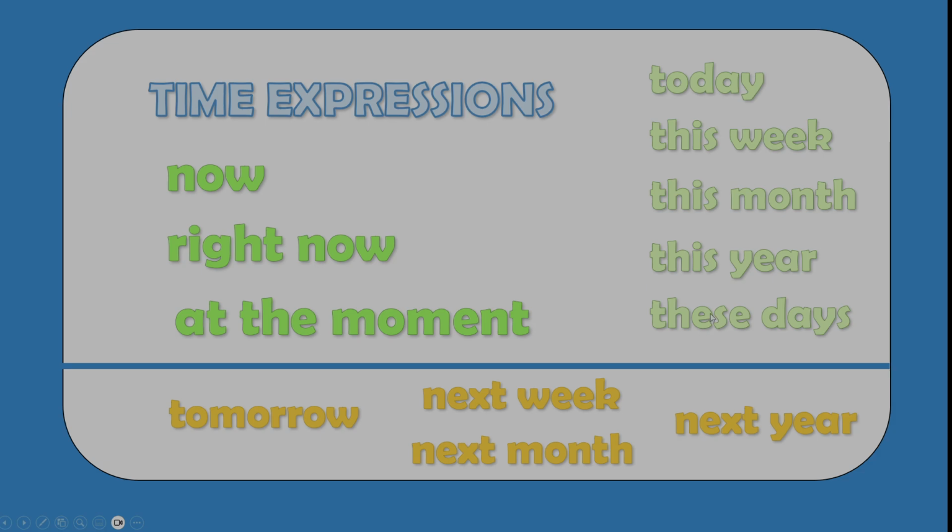We can also use the present progressive for describing future activities like tomorrow. Obviously, these words refer to the future: next week, next month, and next year.